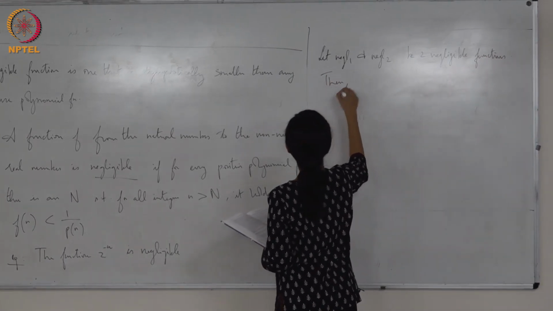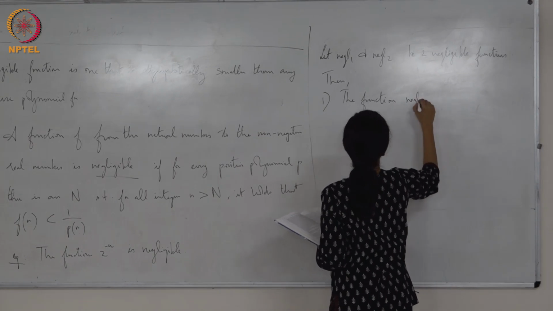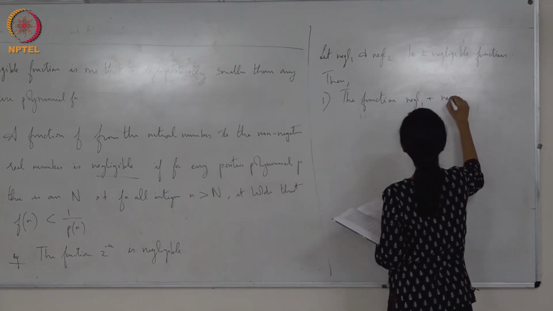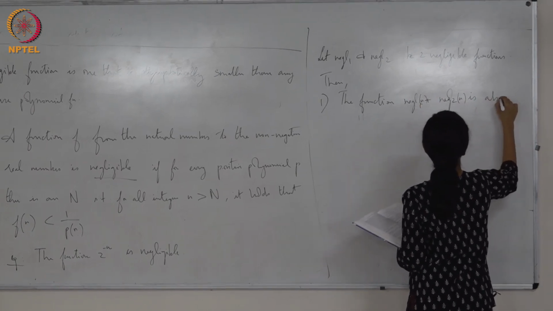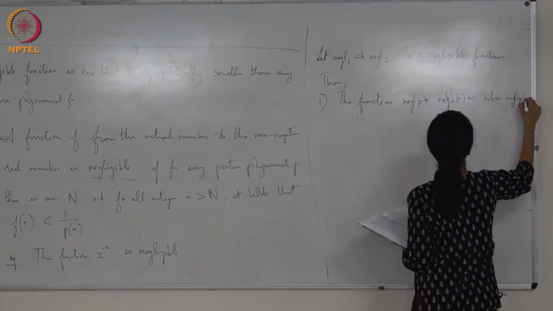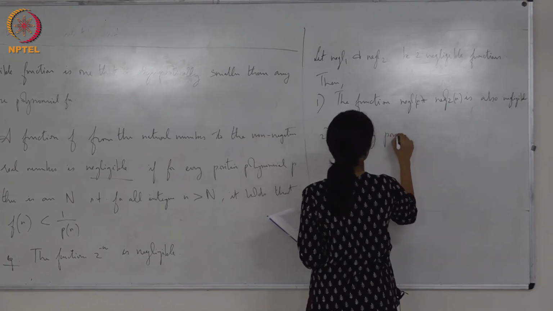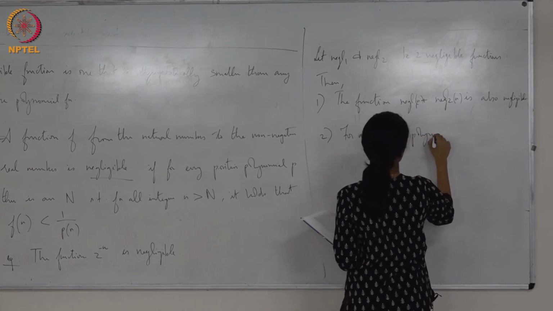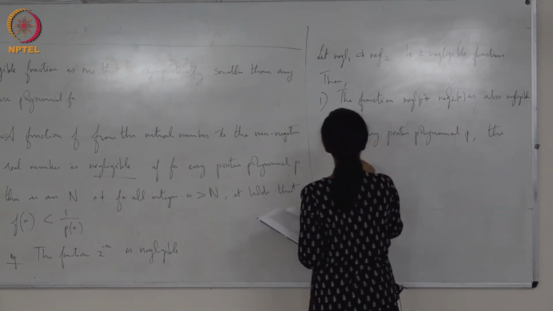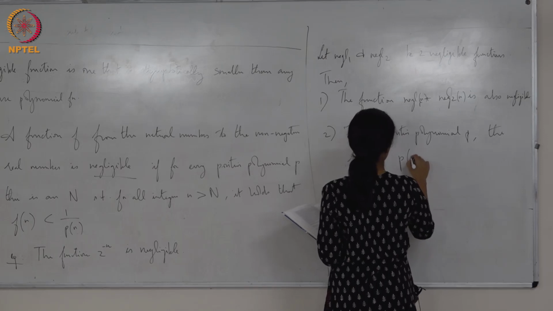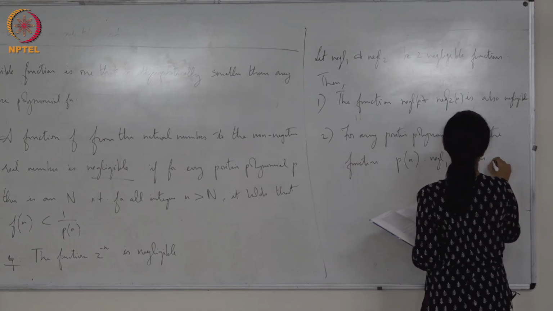Then the function negl 1 plus negl 2 of n is also negligible, and for any positive polynomial p, the function p of n times negligible of n is also negligible.